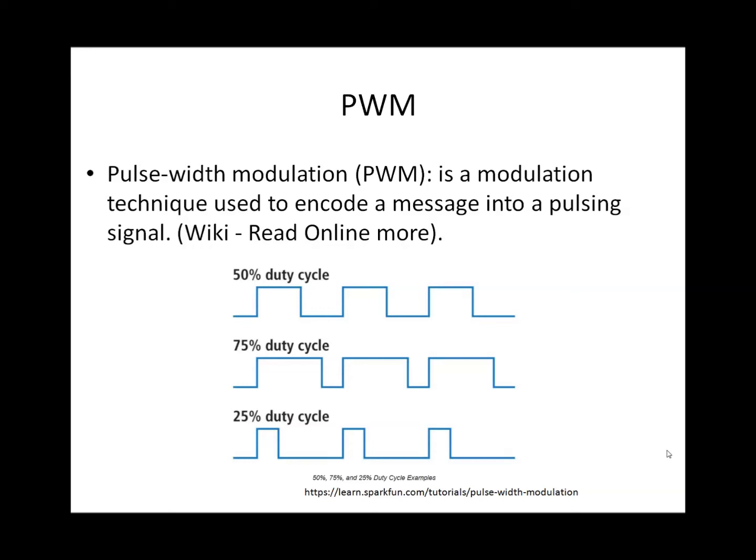Are all of you aware of this duty cycle? What does duty cycle mean? Exactly, the percentage. So this is 50-50, 50 high, 50 low. This is 75, 75 high, 25 low, and so on. So it's the percentage of being high compared to the whole period.